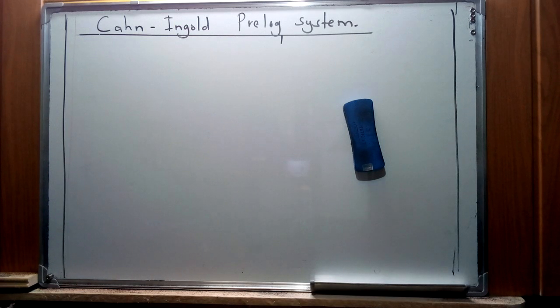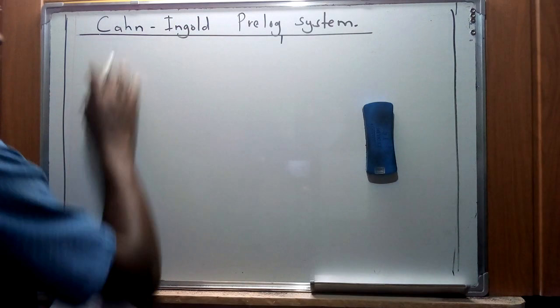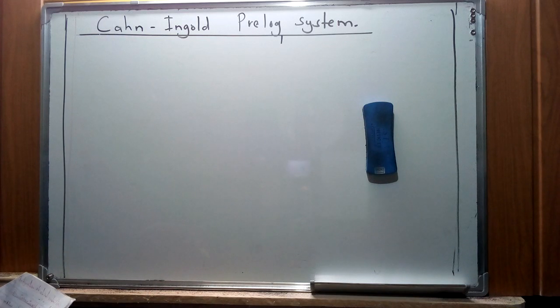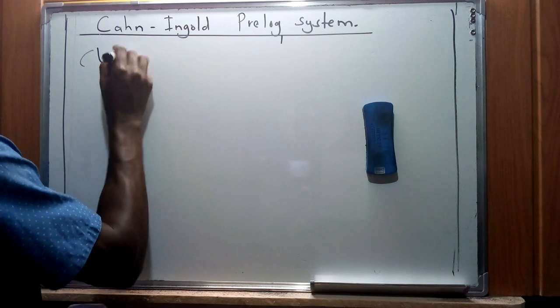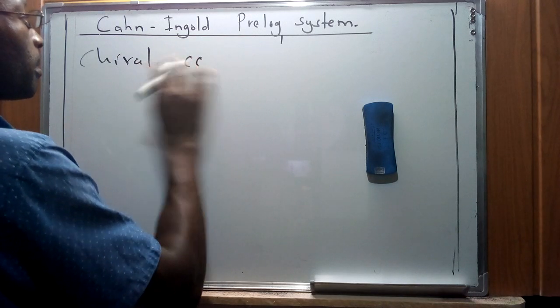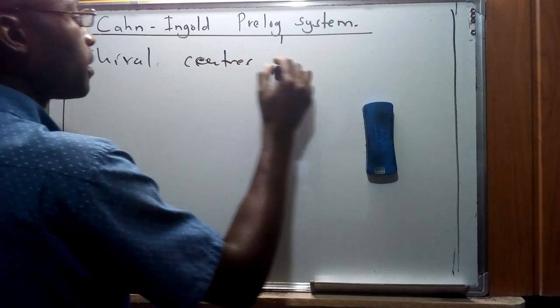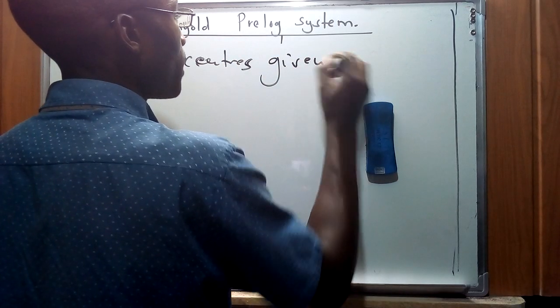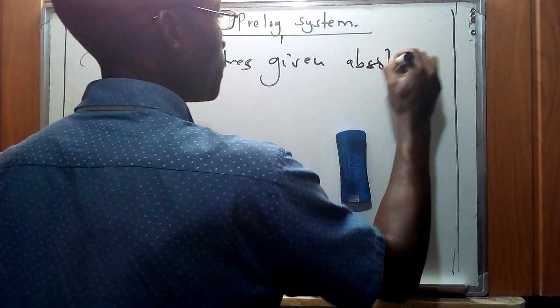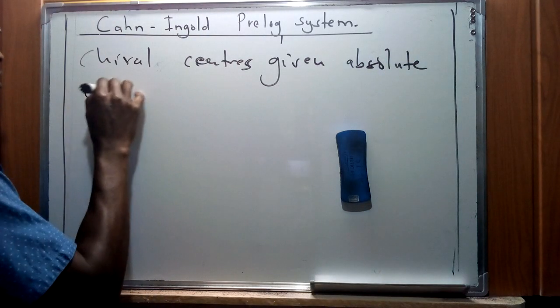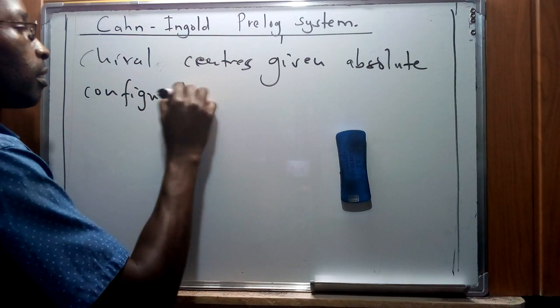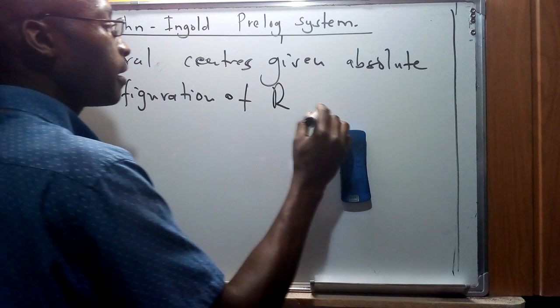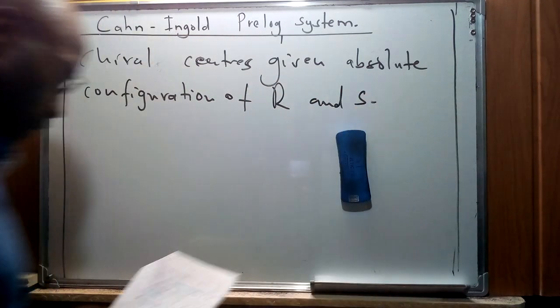Now these specific rules are the ones that we call the Cahn-Ingold-Prelog system, and we will see that the rules give absolute configuration for each chiral center within a compound, and the chiral centers are given absolute configuration of R and S.